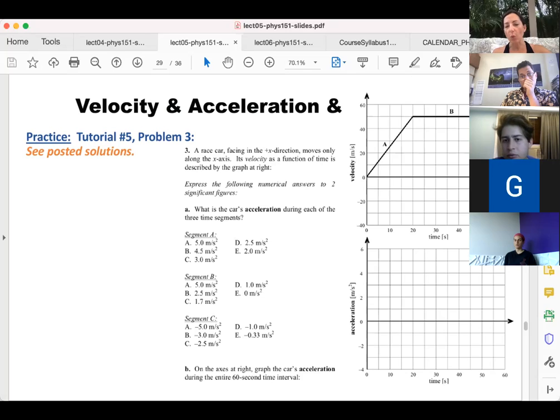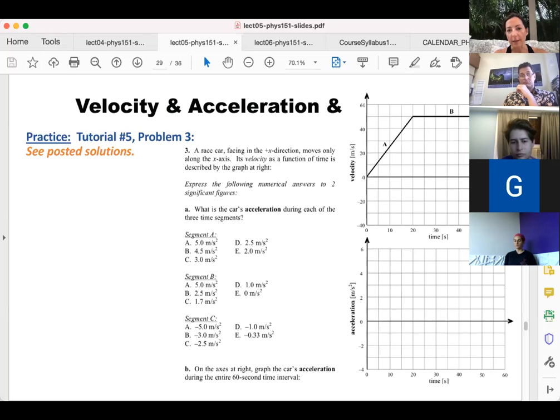And then in this one, instead, you have the final velocity, which is 20, minus the initial velocity, which was 50. So 20 minus 50 is going to give you something negative, right? Indeed, you see that in segment C, you have different values, but they are all negative values of the acceleration.